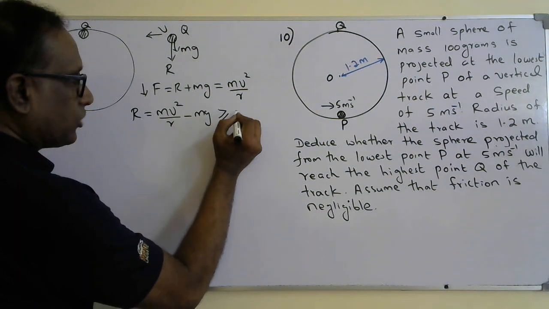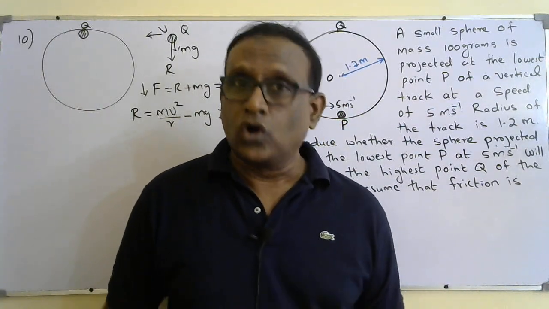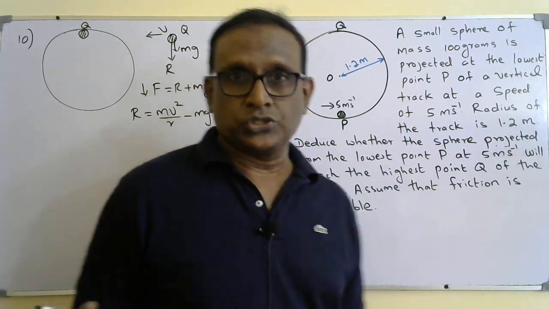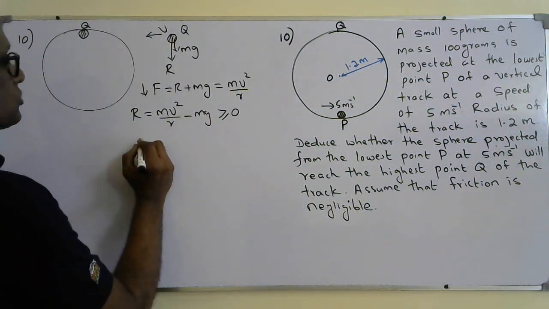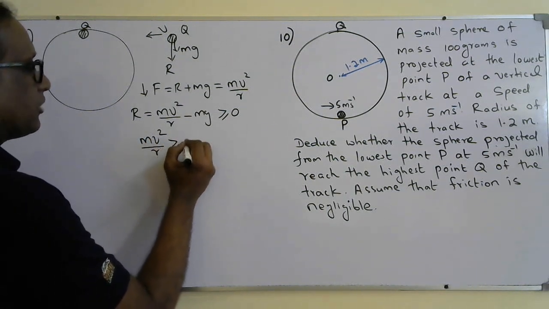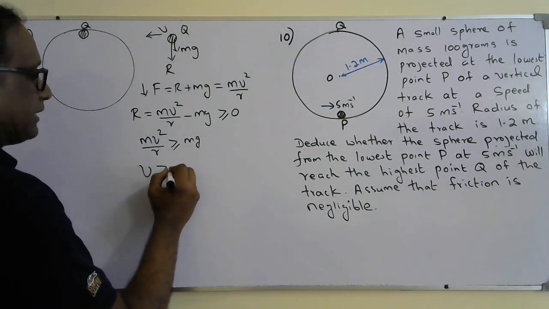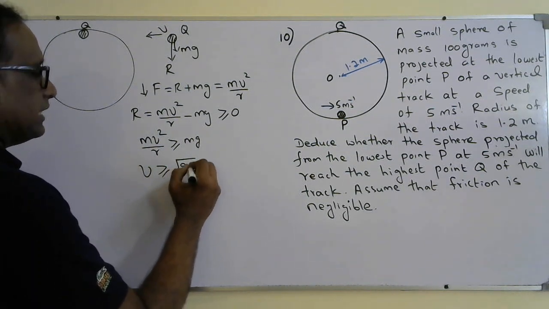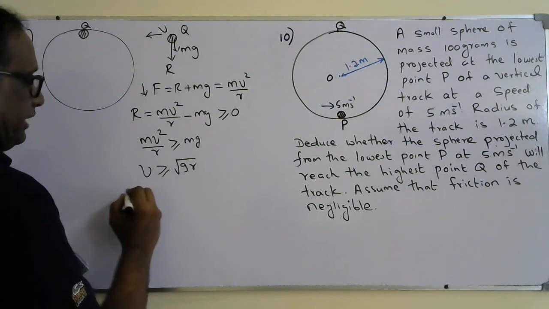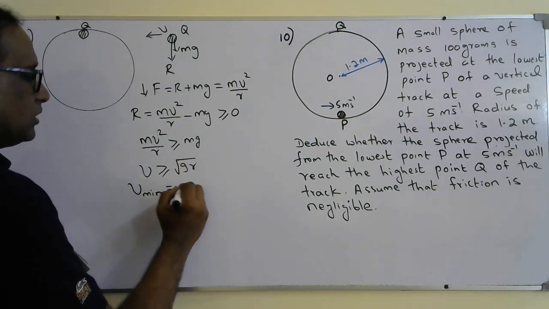That should be greater than or equal to 0, as I explained in the previous question for the bucket with water. The same condition applies here also. So you solve it, and you'll get mv squared over r must be greater than or equal to mg. So m will get cancelled. v should be greater than or equal to the square root of gr. So v minimum equals the square root of gr.